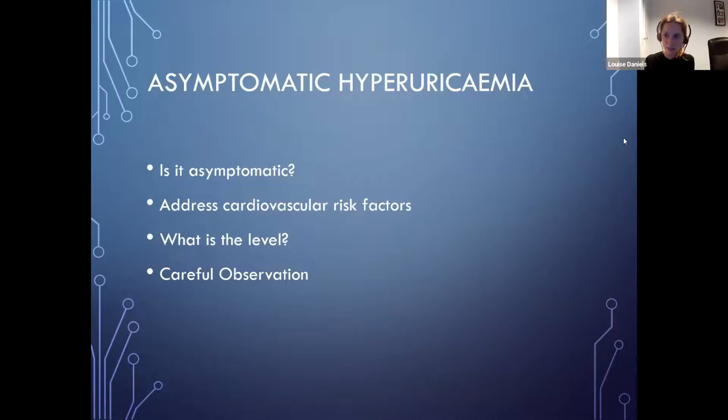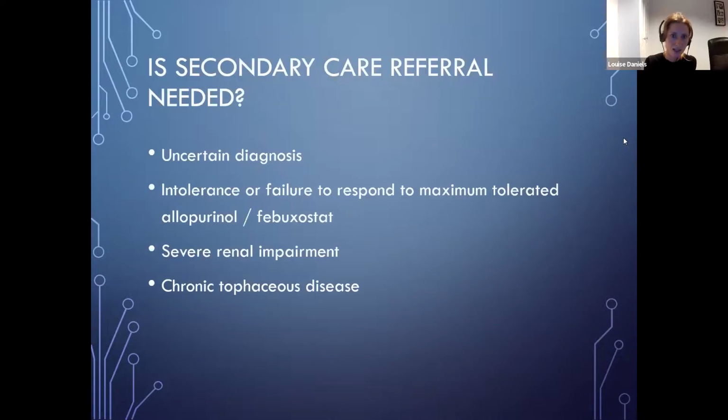Think about what the level is. If it was done as a very, very random test in a patient with absolutely no symptoms, we're certainly not going to be treating that patient without gout. But if there was a very, very high level of uric acid, you might want to have a little bit of a think about what that is, some careful observation, or maybe discuss with one of the rheumatologists.